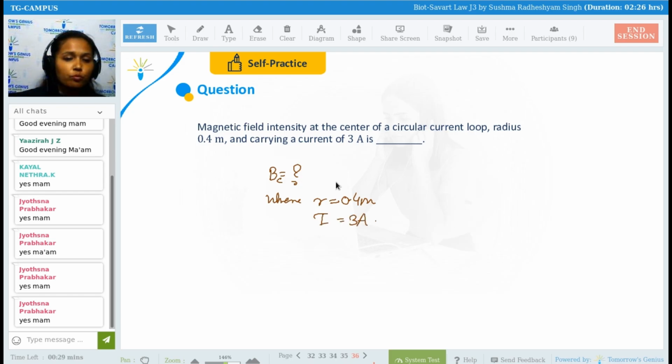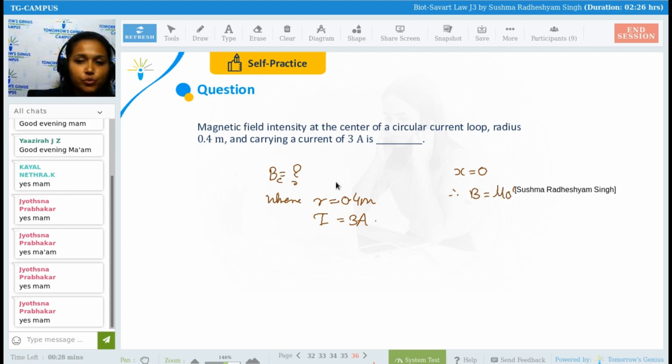First of all, tell me which formula we are going to use here. I said magnetic field at the center. So the simple formula, at the center that means your x is 0, so magnetic field is mu I over 2a. Am I right? This we used in the previous problem.